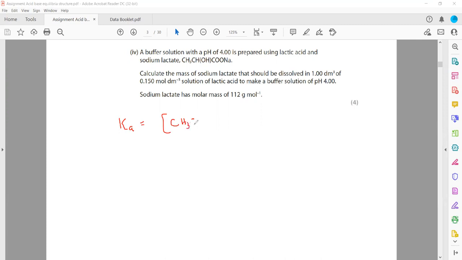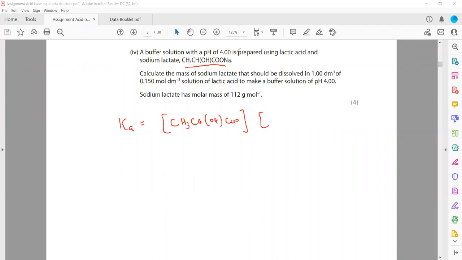the salt, CH3CHOHCOO, because when you have this salt, it will dissociate into CH3CHOHCOO minus and Na plus.